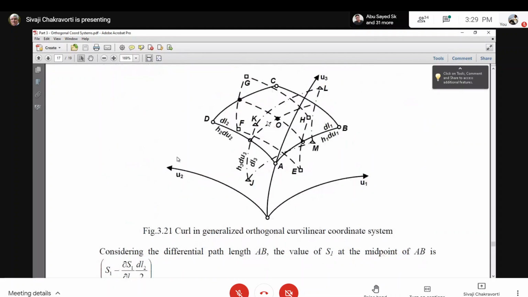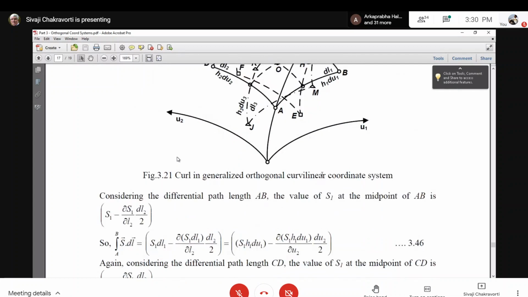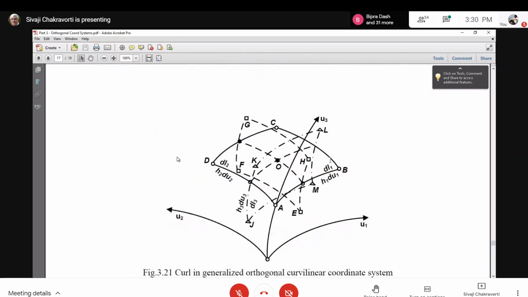As we said, if we know the value at O, the distance is plus dl1 by 2, and we take the first order derivative, but that will be along U1, because O to the midpoint of BC is along the U1 direction. So be careful about the direction. This is the first order derivative in terms of dl1, the distance is dl1 by 2. Then you multiply it by dl2. B to C, the distance is dl2 in the increasing direction of U2.